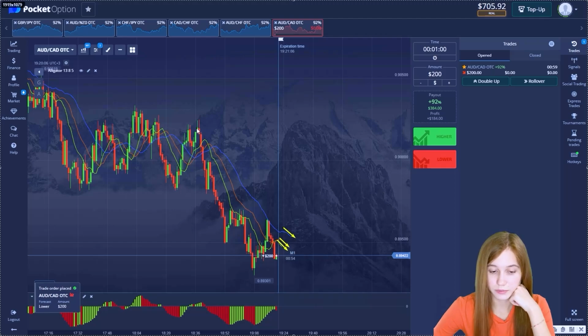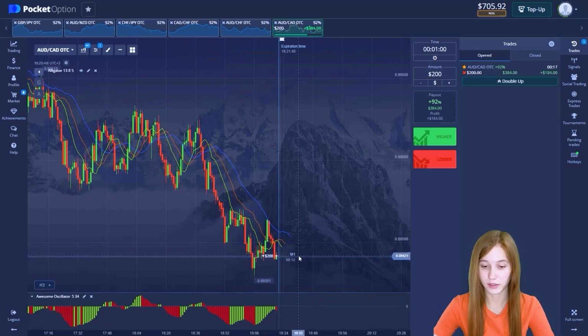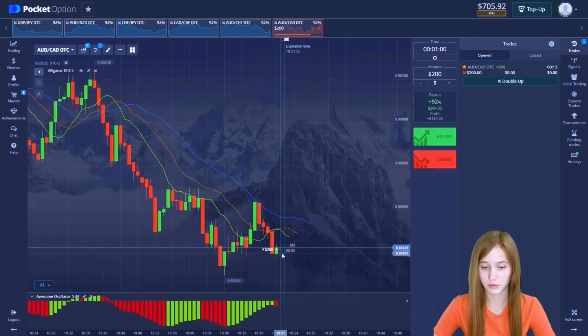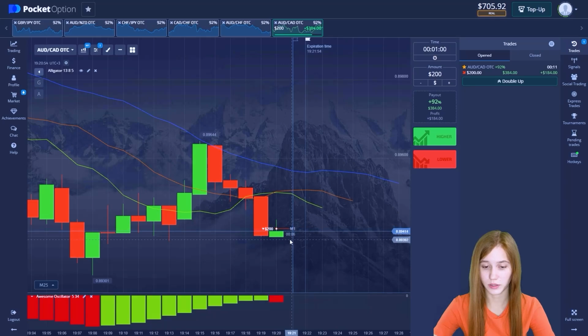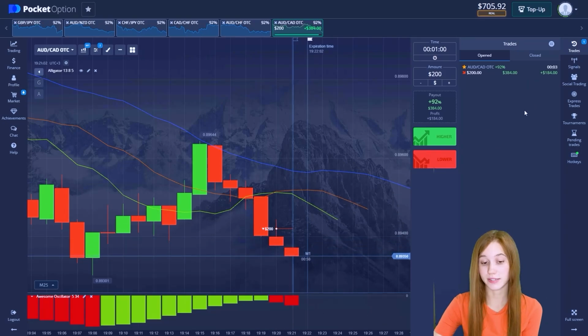By oscillator, 1 red bar received, so we opened correctly. 15 seconds left until the end of our deal, and we'll see, we are holding near our opening. Yeah, good. Plus deal.